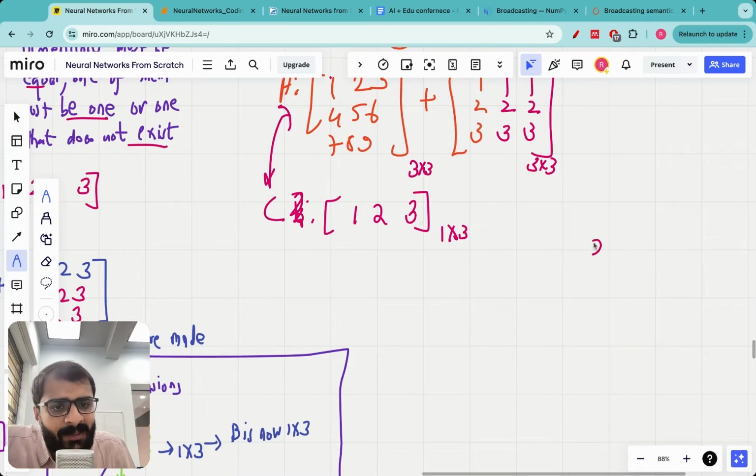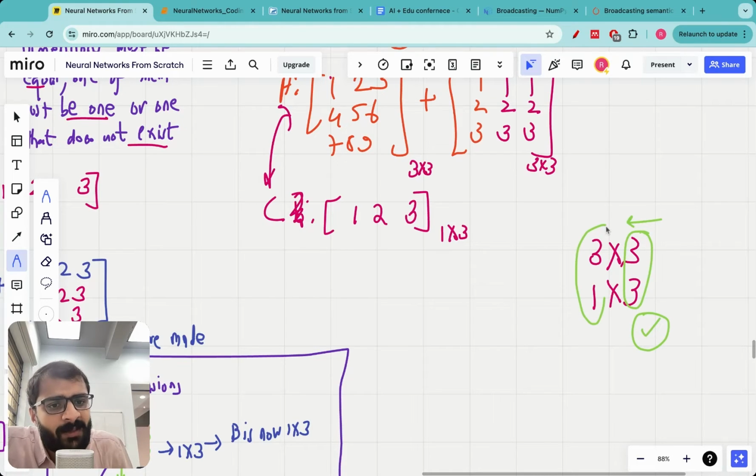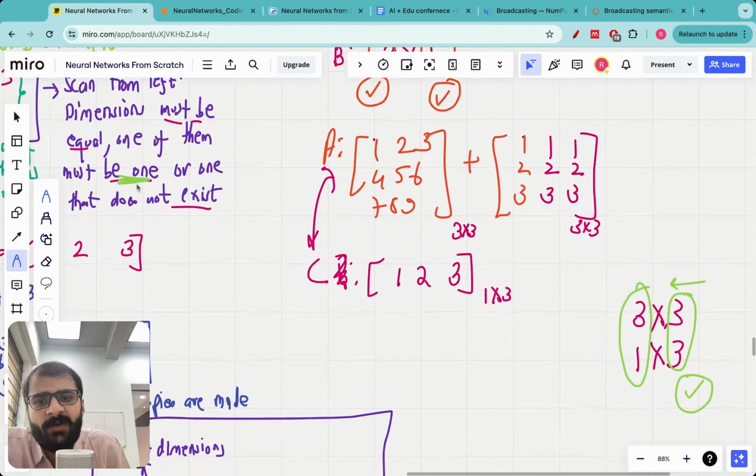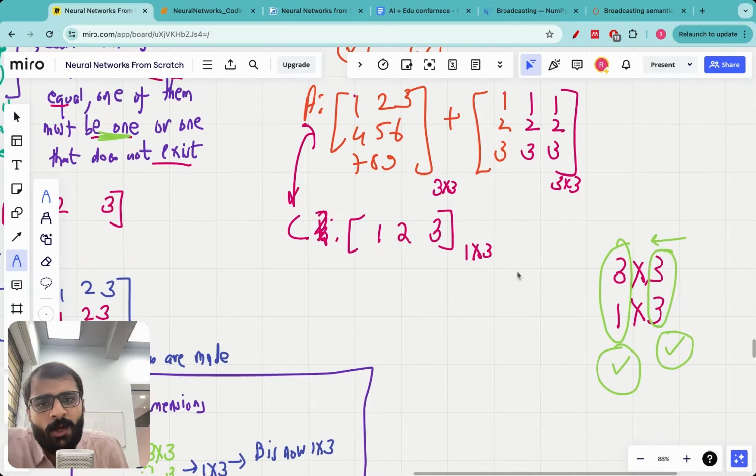So let us write these dimensions so that they are aligned. Now let's begin scanning from left to right. The first set of dimensions are equal, so they satisfy. And in the second set of dimensions, one of the dimensions is 1, so that is also satisfied. So then these two are broadcastable.